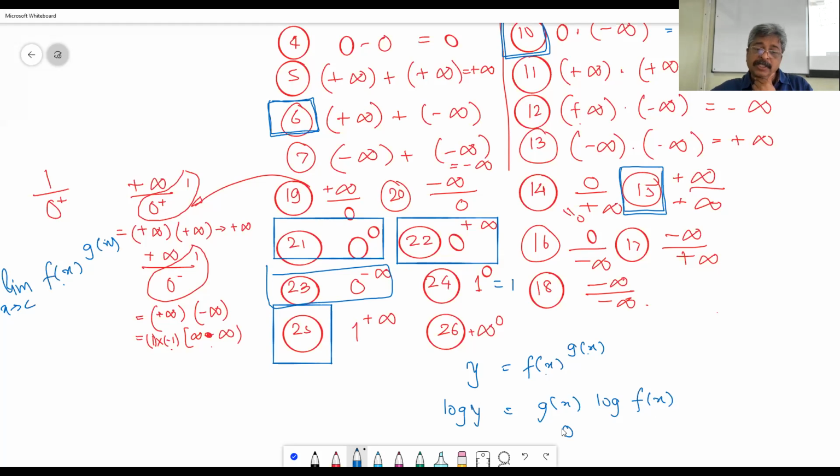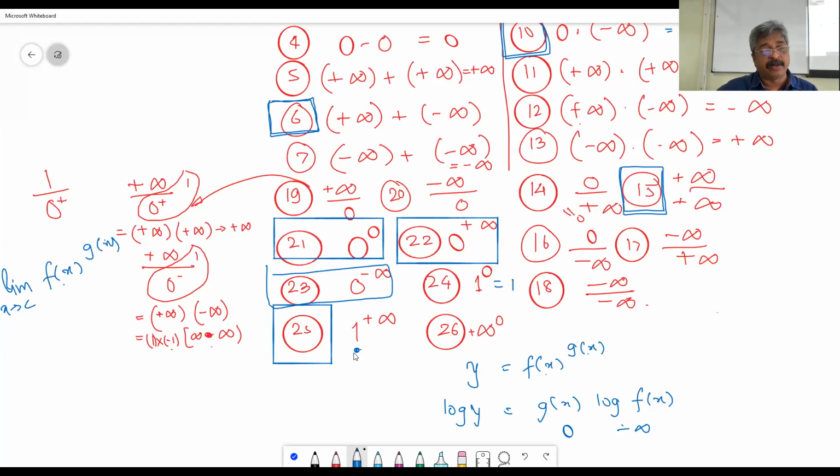So this is 0 into minus infinity, which we already dealt with, and that is as good as 0 upon 0, so indeterminate. Therefore 0 raised to 0 is indeterminate.